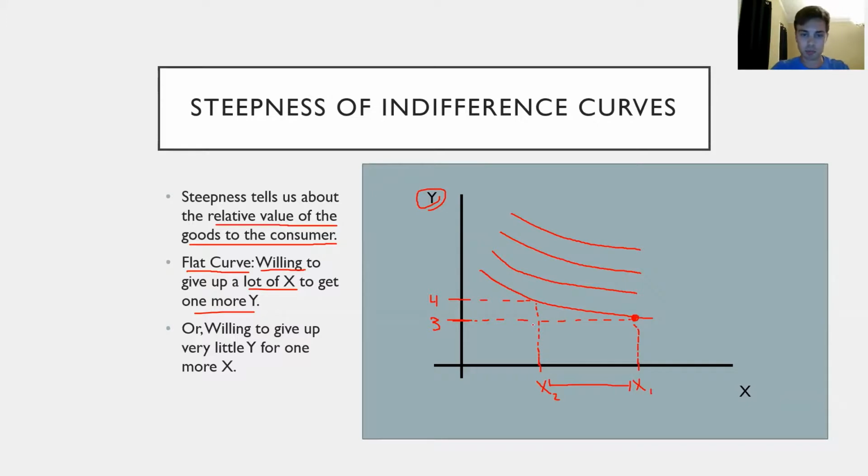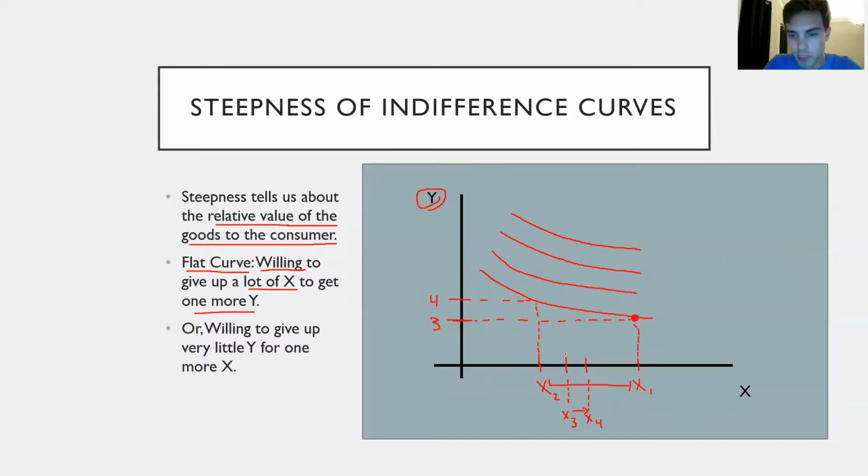The other way to look at this problem is to say, well, how much y is he willing to give up to get an extra unit of x? And so we can answer this question as well. Let's pretend we want to move from this point, x3 to x4, right? So we want to get one additional unit of x. How much y are we willing to give up to get that extra unit of x?